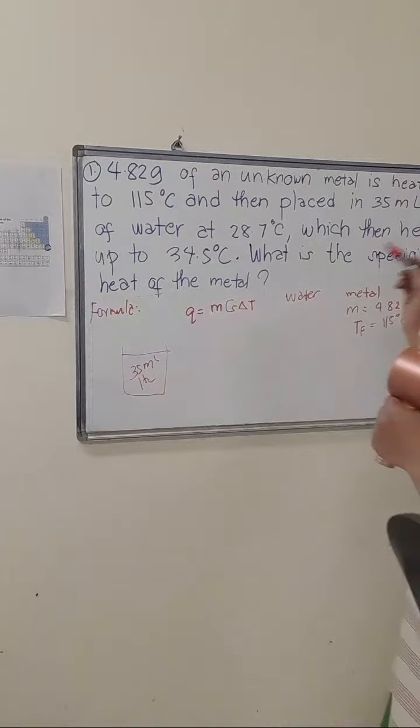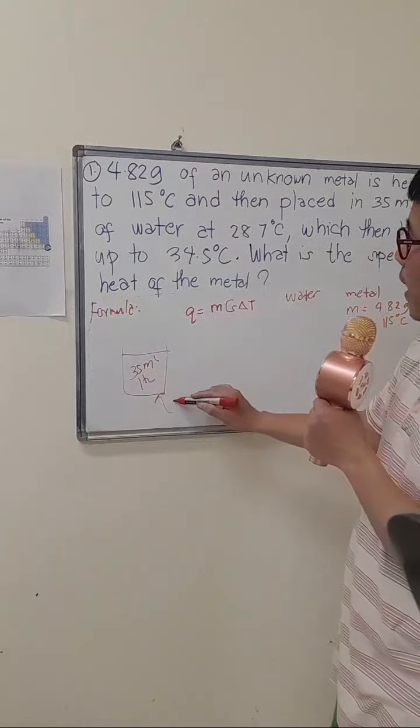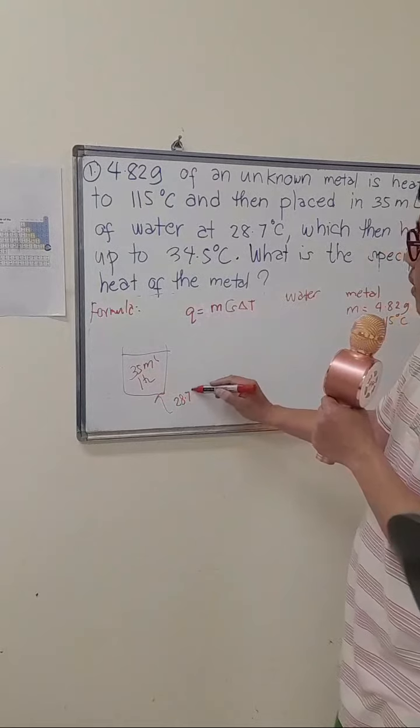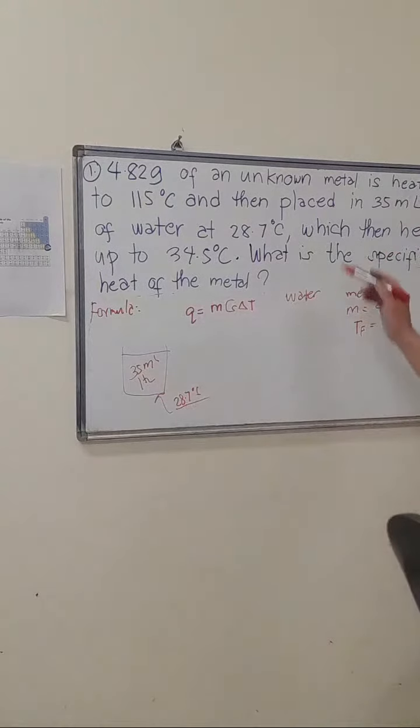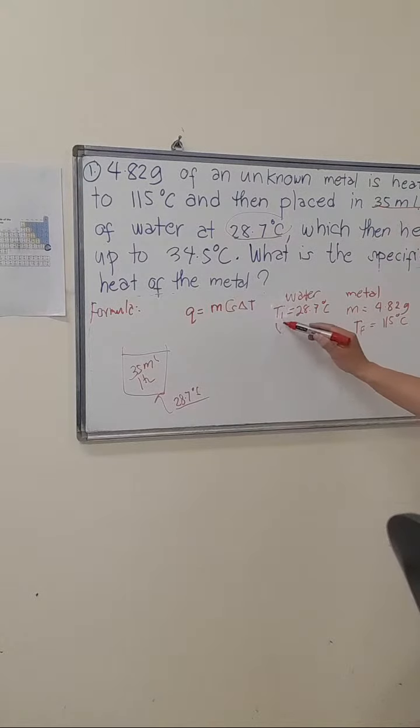And then at 28.7 degrees Celsius. So the initial temperature of water is this one, 28.7 degrees Celsius, because it is placed in 35 ml of water at 28.7 degrees Celsius. So this is the T initial of water, 28.7 degrees Celsius, and the initial volume of water is 35 milliliter, right?